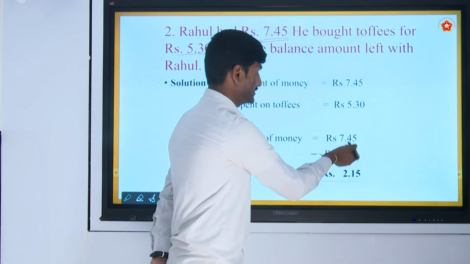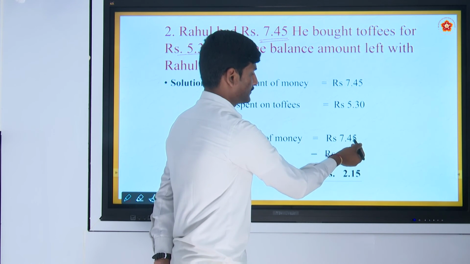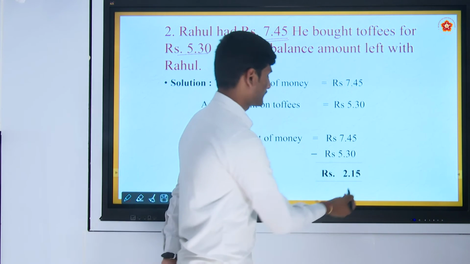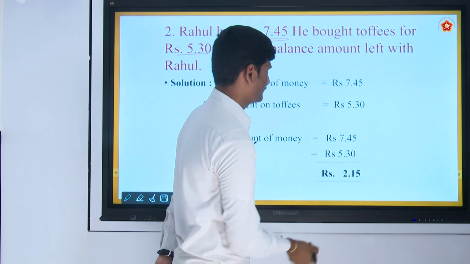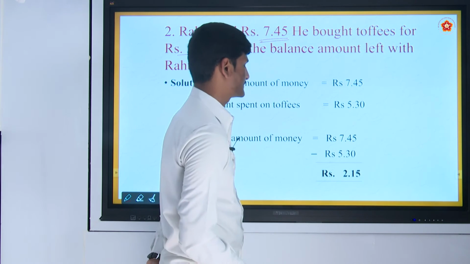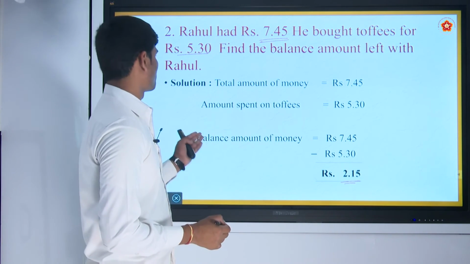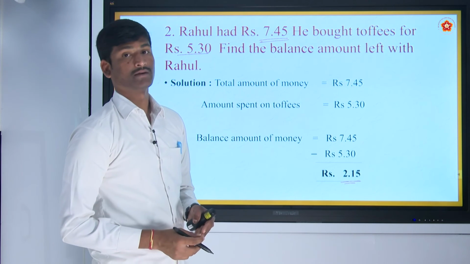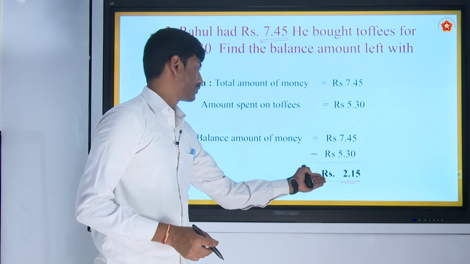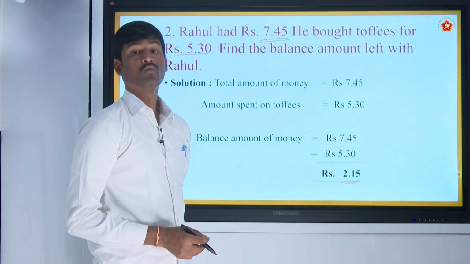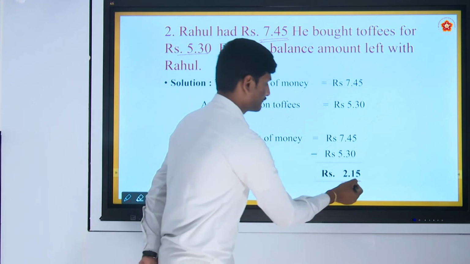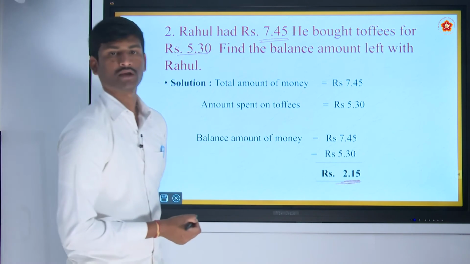We subtract these two numbers. 5 minus 0, 5, 4 minus 3, 1, 7 minus 5, 2. The balance amount of money Rahul has is rupees 2.15.